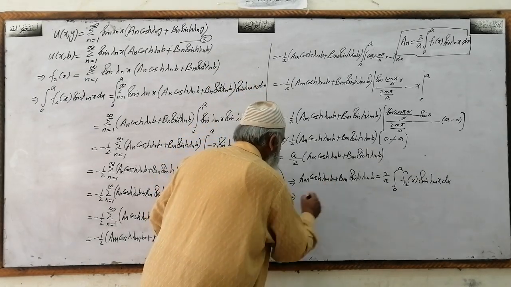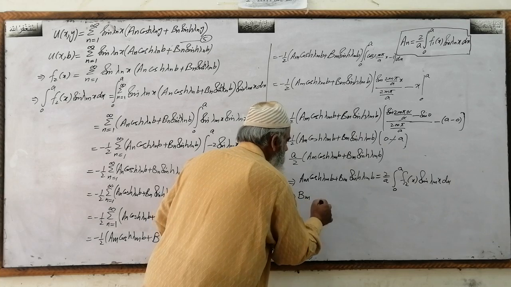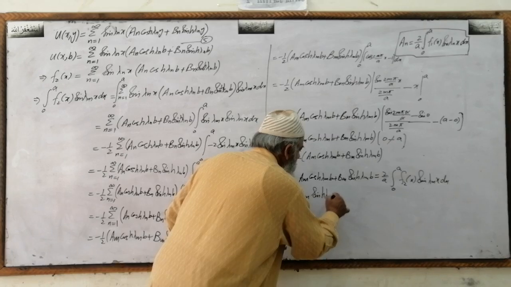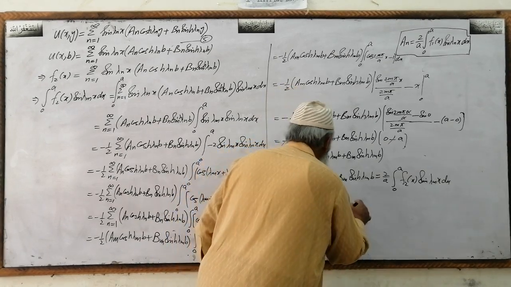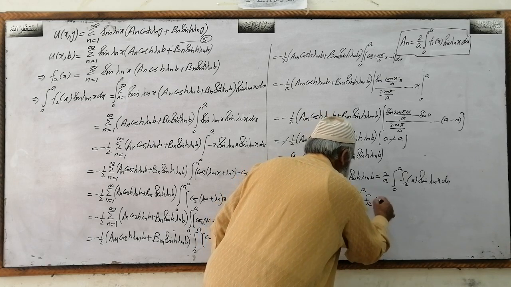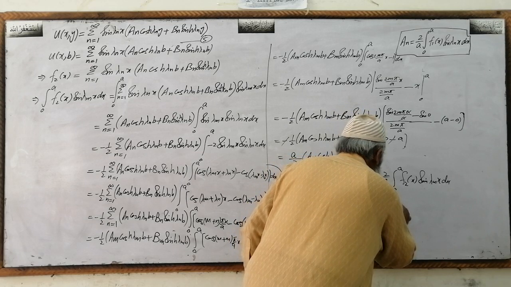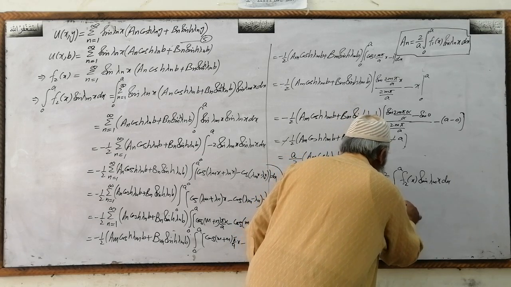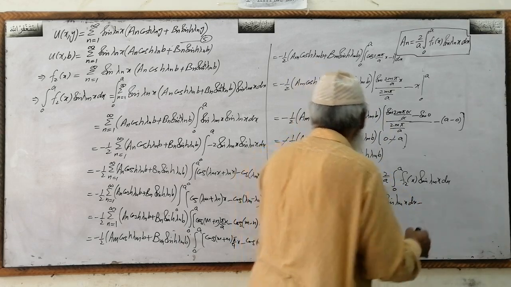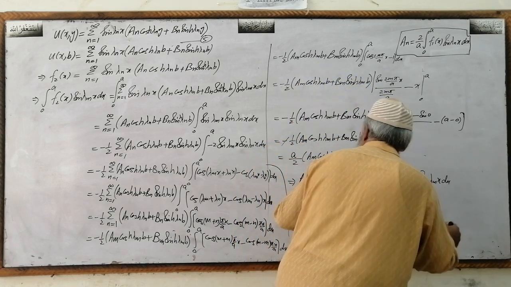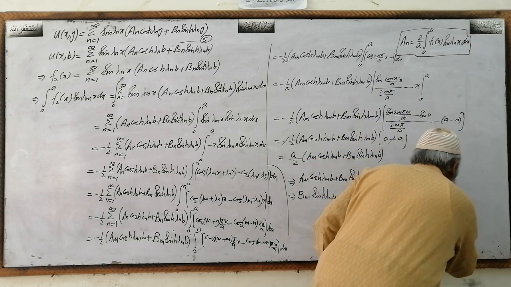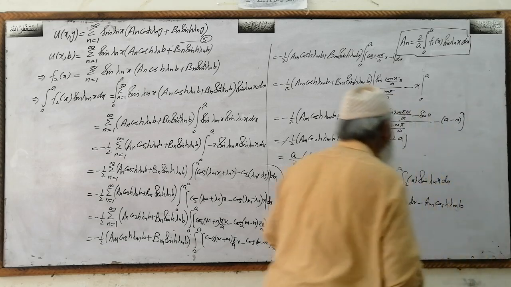We can write it as bm sin hyperbolic lambda mb is equal to 2 over a integral 0 to a f2x sin lambda mx dx and minus this one, this term am cos hyperbolic lambda mb.